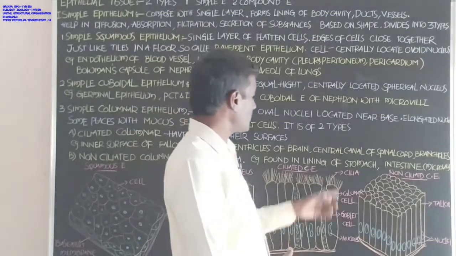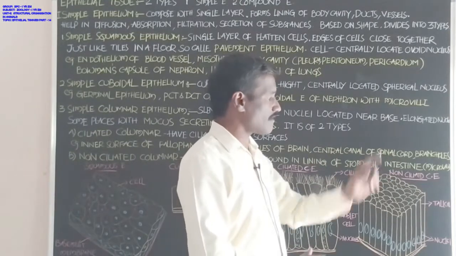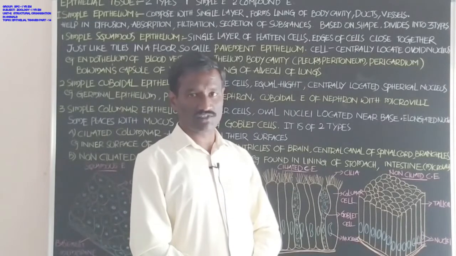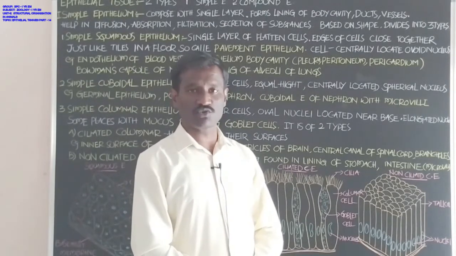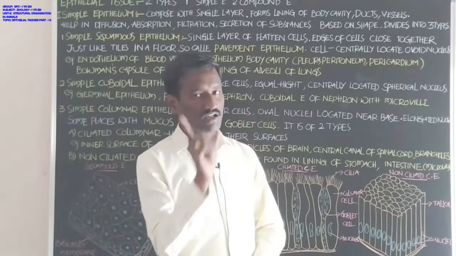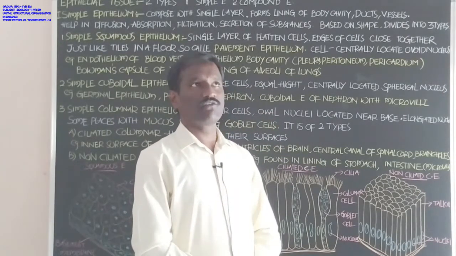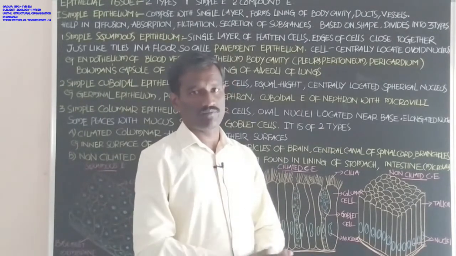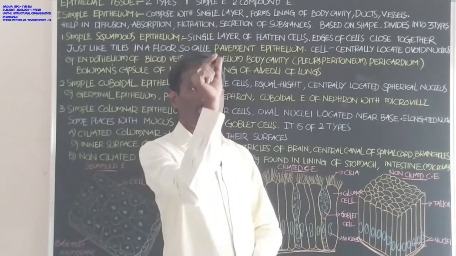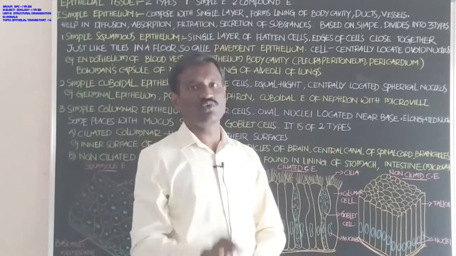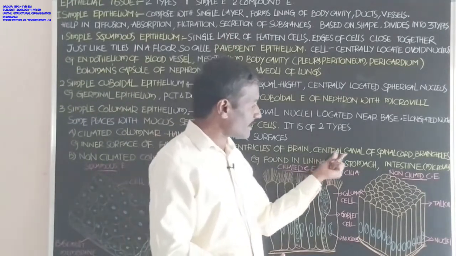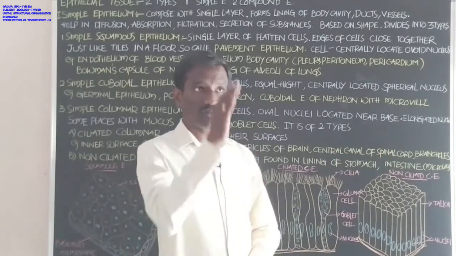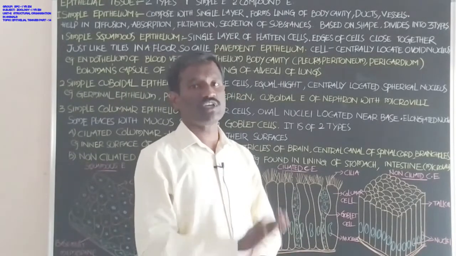Next, students, the central canal of the spinal cord. The spinal cord is part of the central nervous system. The central nervous system has two main parts: one is the brain, another is the spinal cord. If you observe, there is a central canal, arranged as a longitudinal canal in the inner part of the spinal cord.